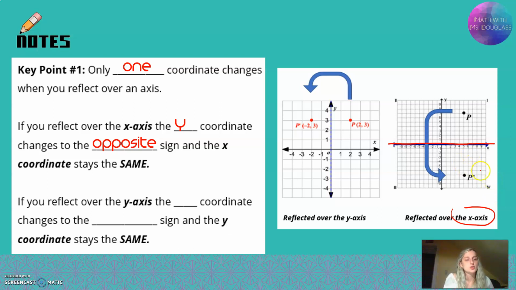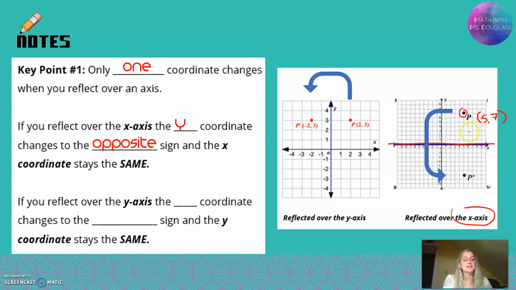Now you can see there are 2 points here. I know that the original point is the letter P because when we reflect a point, it looks the same, just a little bit different. You can see that little line next to it, kind of like an exponent or a single quotation mark. That's called P prime, and that's the reflection. So we're starting at point P. It looks like it's at 5, 7.